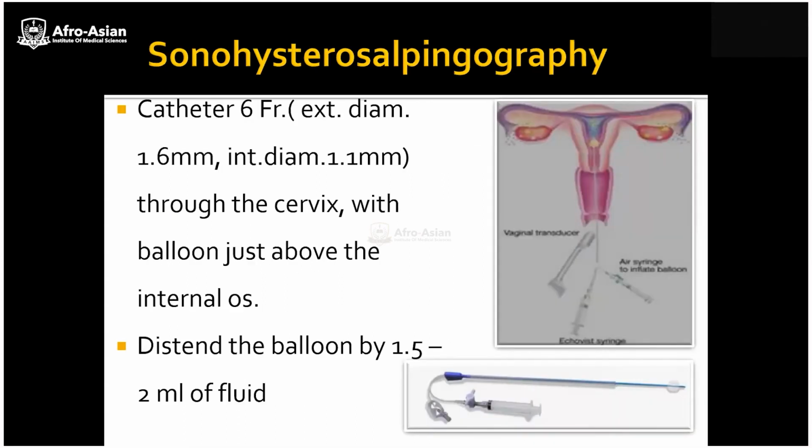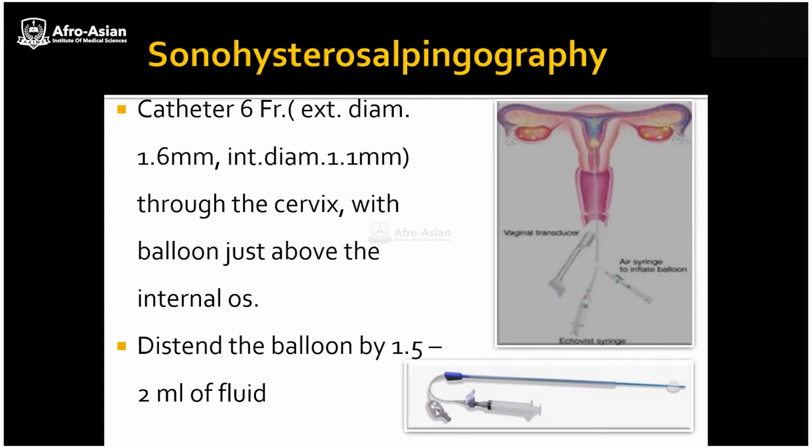For sonohysterosalpingography, we need a catheter which is 6 FR, which is the extended diameter of 1.6 mm, and we can have an intermediate diameter of 1.1 mm. So the catheter is passed.